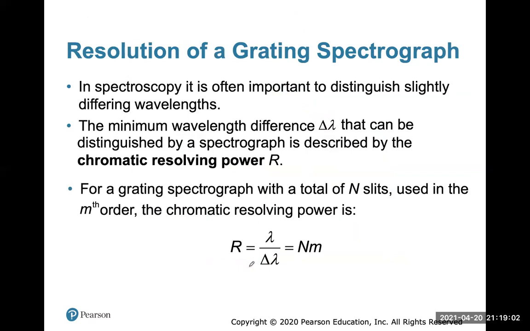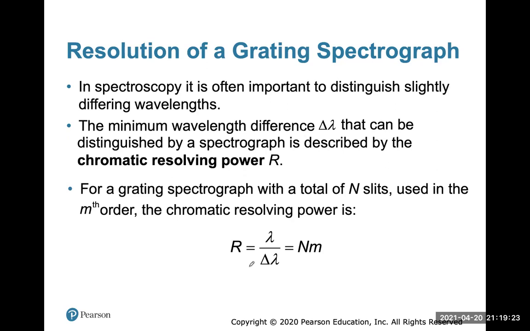If we examine the spectrum of sodium, for example, sodium has two lines in the yellow part of the visible spectrum that, if we don't look closely enough, actually just look like one line.